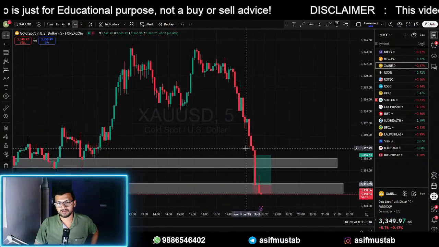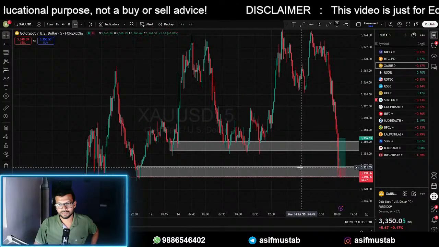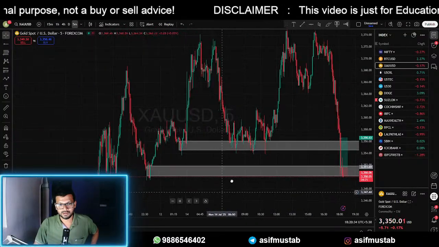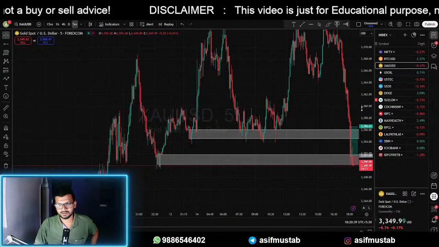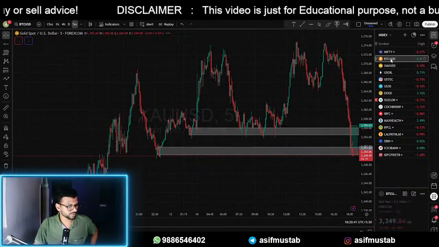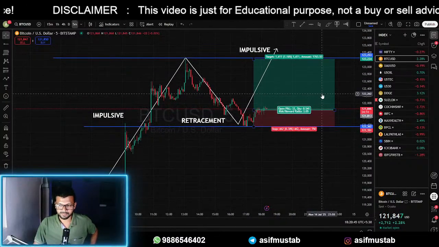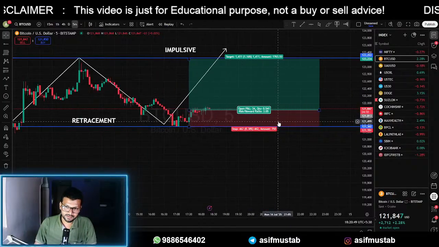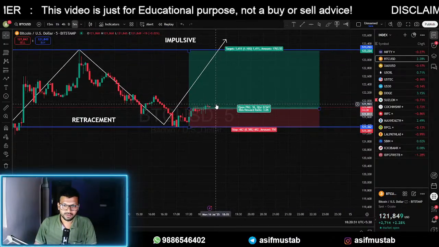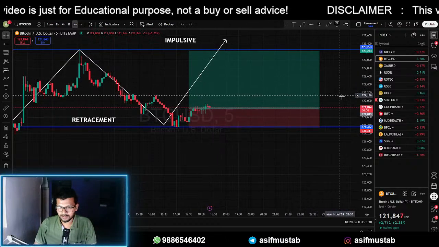I think gold is at bottom. It has to take some little retracement. I don't know why it's continuously falling, but BTC is not moving. But I think a big spike will come in BTC. If you keep on watching, we can see a sudden big momentum in BTC on the long side.